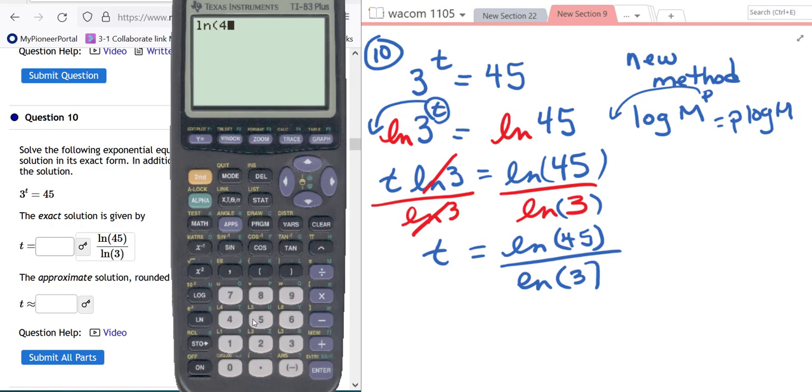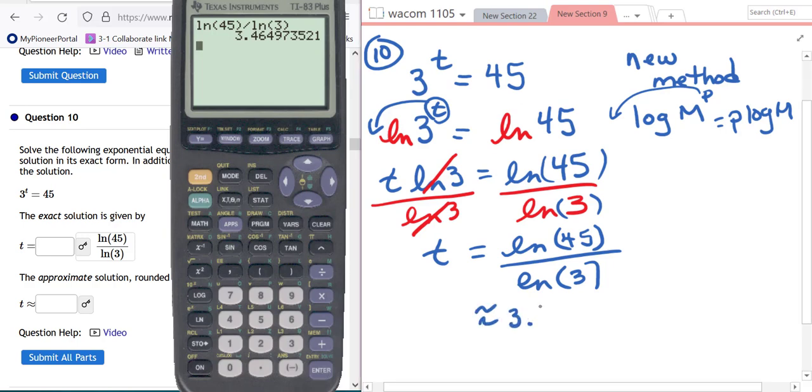Natural log of 45, close, divided by natural log of 3, close, enter, and we get, so now we're approximate, 3.4649, because I believe this asks for 4 digits.